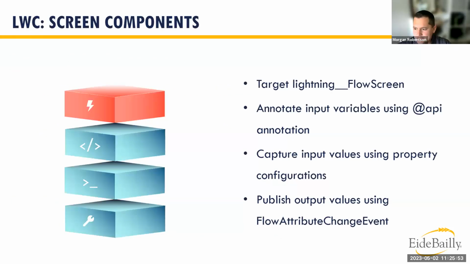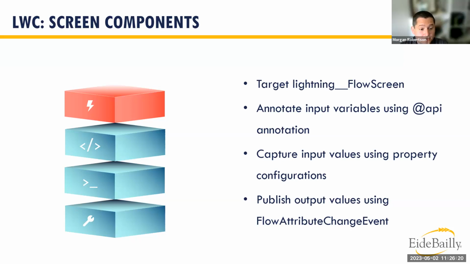All right, so let's look at what a Lightning Screen Component would look like. Number one, in your meta XML file, you need to target the Lightning Flow Screen attribute. Number two, you need to annotate any input variables and output variables with the @api annotation, right? We want to expose them to the world so that they can get them going in or going out.